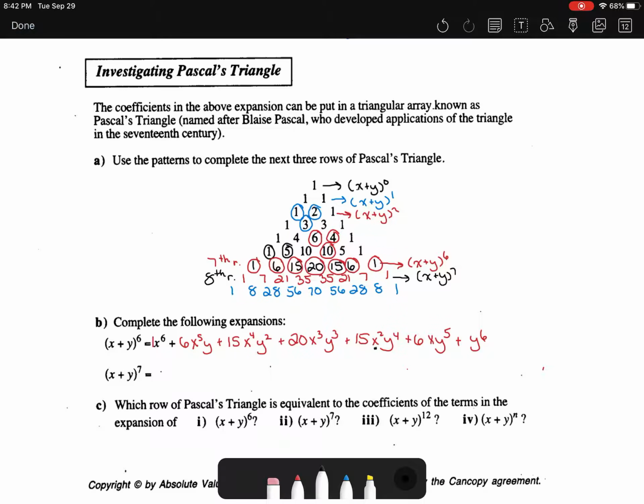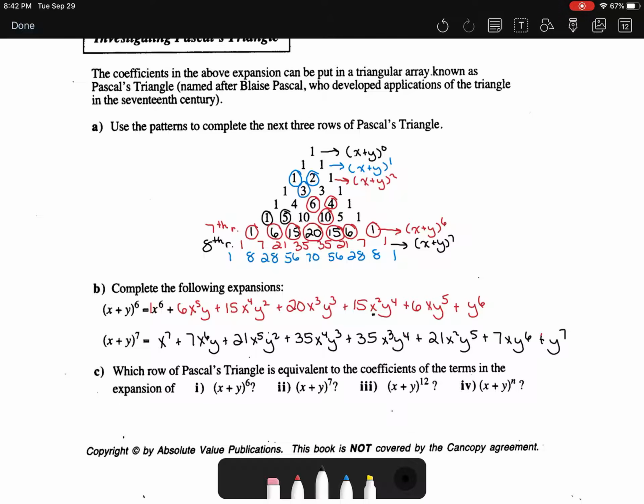So the first one will be a 1, x to the exponent of 7, okay, plus then 7, x to the 6th y, plus 21, x to the exponent of 5, y squared, plus 35, okay, x to the exponent of 4, y cubed, plus another 35, x cubed, y to the exponent of 4, plus 21 now, x squared, y to the exponent of 5, plus 7, x, y to the exponent of 6, and then finally plus 1, y to the exponent of 7. So we've quickly expanded that binomial.